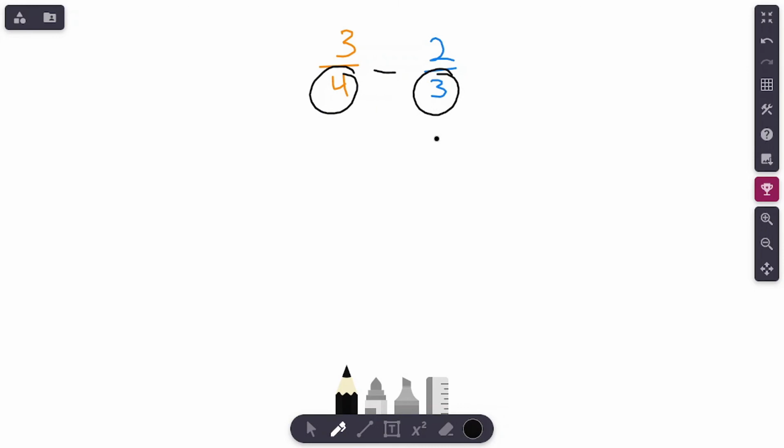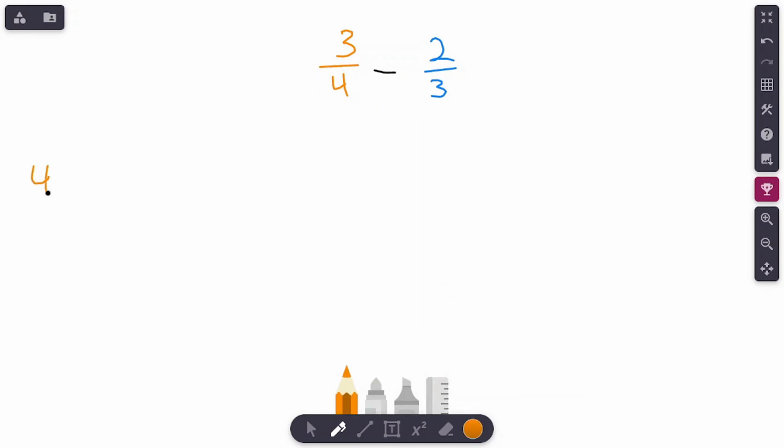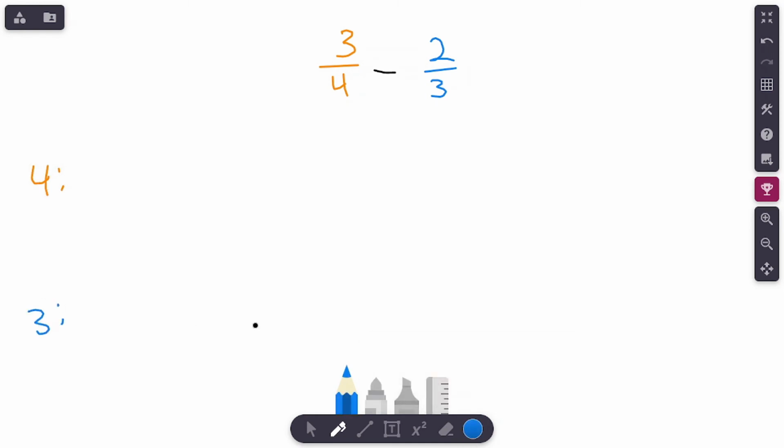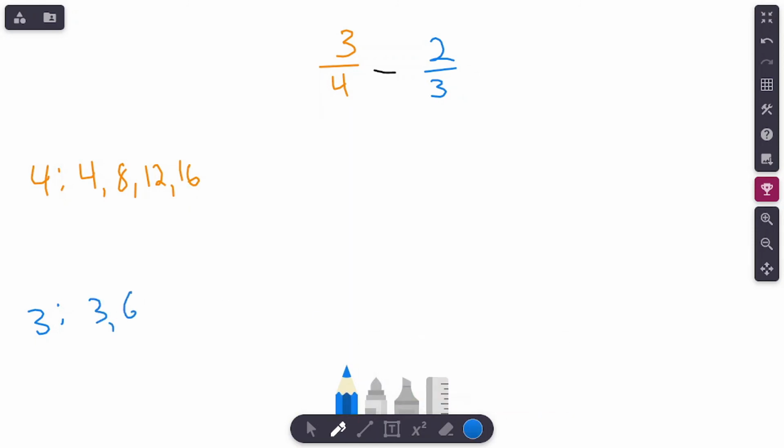Denominators are different. So let's write down the denominators and list out some multiples. There's 4, there's 3. List out some multiples by skip counting. 4, 8, 12, 16. 3, 6, 9, 12.